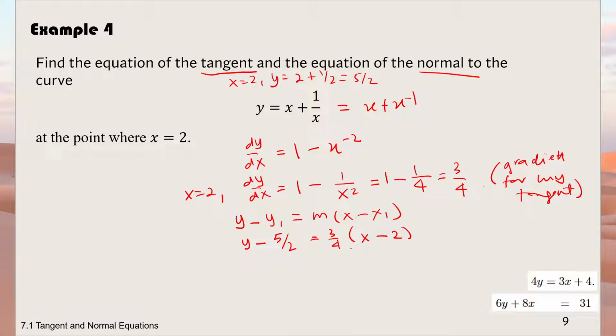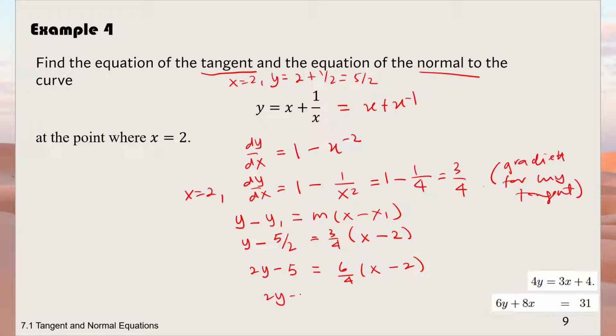If you want to check, our equation is always y equals mx plus c. For easy purposes, I cross multiply here: 2y minus 5 equals 6 over 4 times x minus 2.